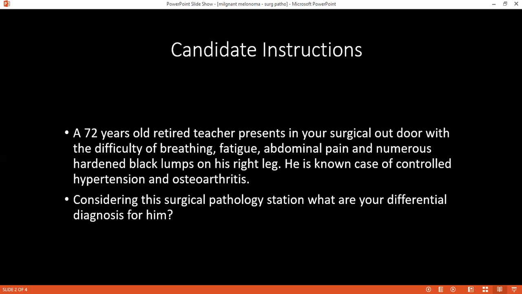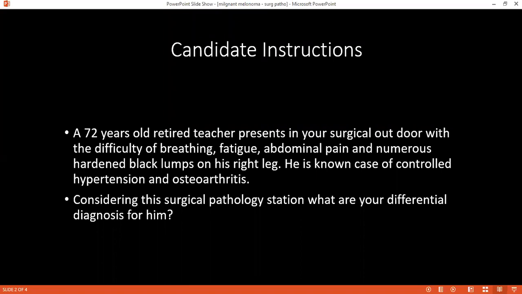Good. Considering this patient, where would you suspect the primary lesion to be? The primary lesion is in the leg, ma'am, most probably in the toes, the nail beds. And it has metastasized to?